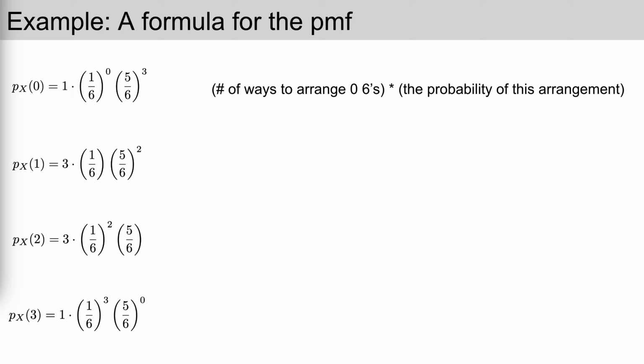Similarly, there's one way to arrange 3 6s, and the probability of this single arrangement is 1/6 cubed for our 3 6s and 5/6 to the 0 for our 0 non-6s.